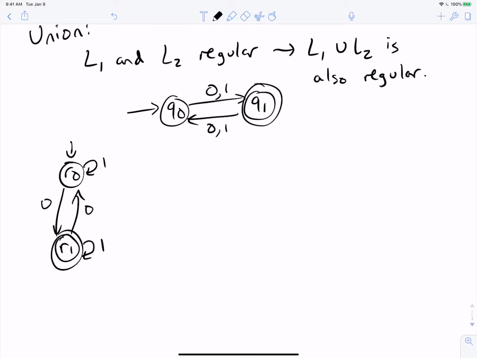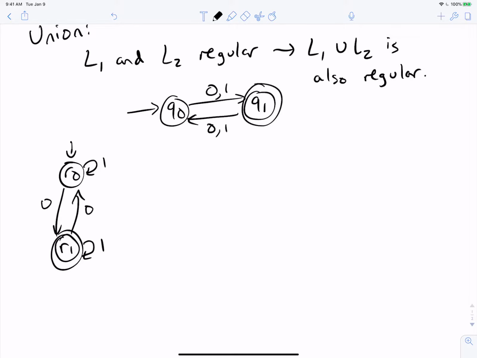If I read a 0 in both machines, what does the Q machine do on input 0 from Q0? It goes to Q1. Good. What does the R machine do? It goes to R1. Cool. So in my brain, the Q machine is now in Q1 and the R machine is now in R1. As we read more characters, I just update both of the states at the same time.